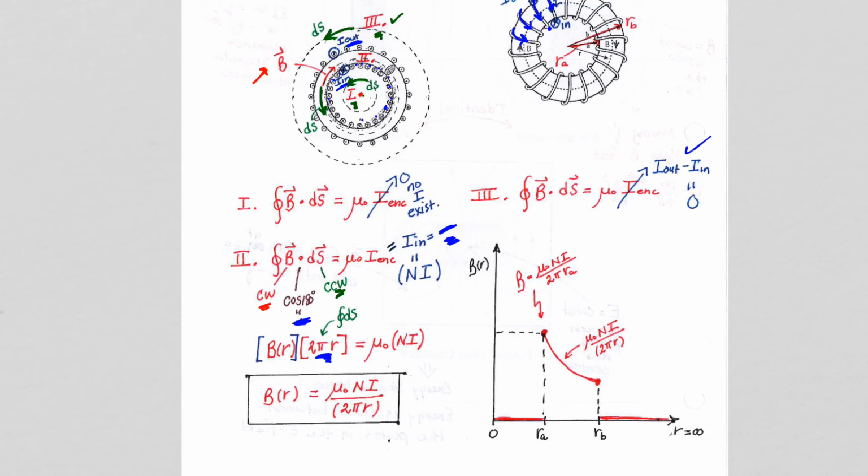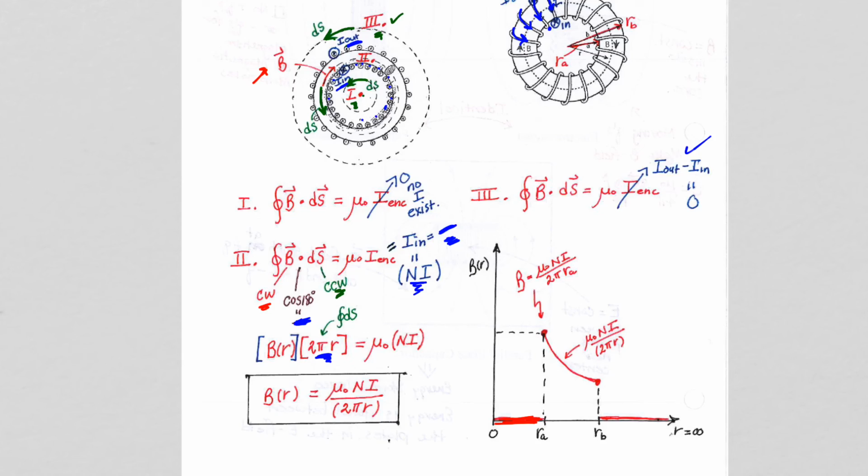So here we get the same result as the long straight wire, except the total current is the number of coils times the current in each coil. So same result, where we get B field equals 0 until we hit the portion of the toroid.